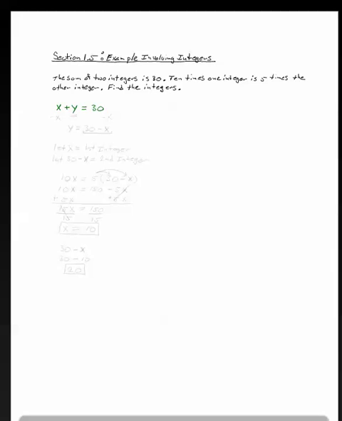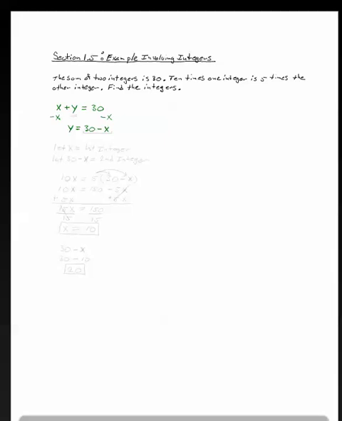Now, if I look at this, if x plus y is 30, then I can subtract x from both sides, and I get y is equal to 30 minus x.